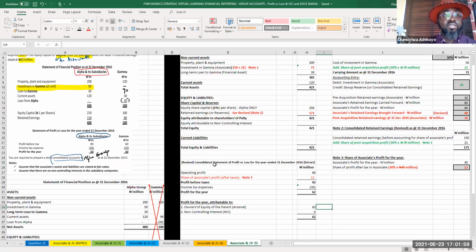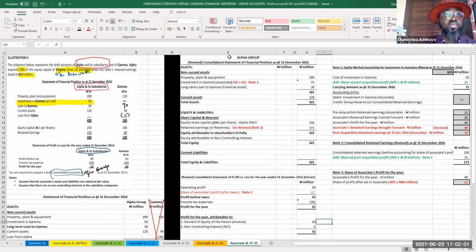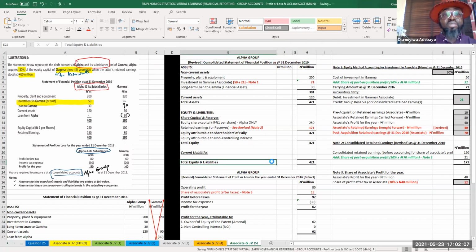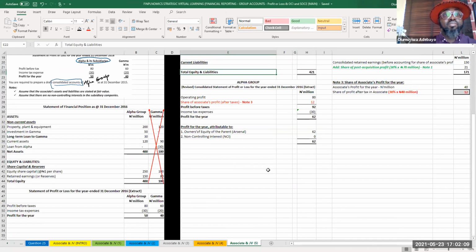Now, this is what our group profit or loss is for Alpha Group. Now, how will our statement of changes in equity look like? Invariably, let me borrow something from here.